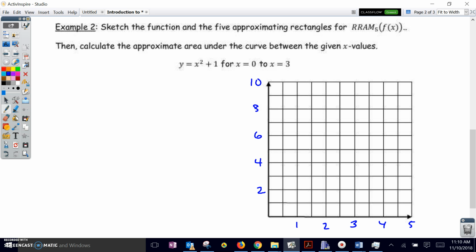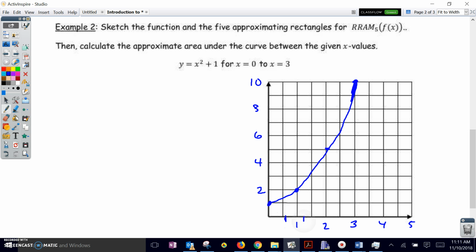So I plot my same curve. Only now, instead of getting the heights of the rectangles from the left endpoints, I'm going to get them from the right endpoints.